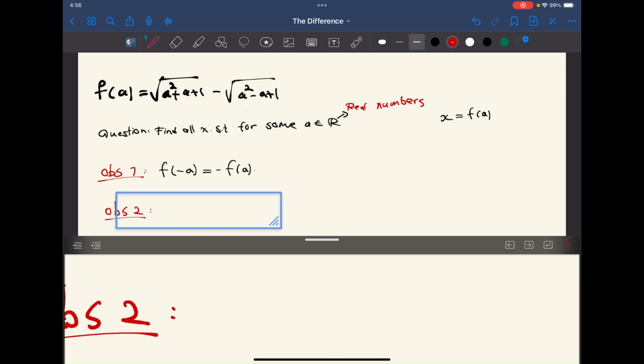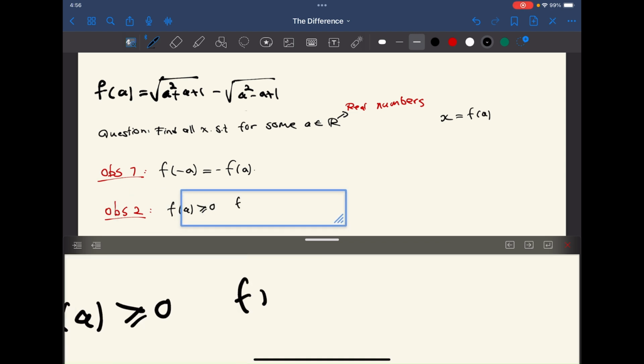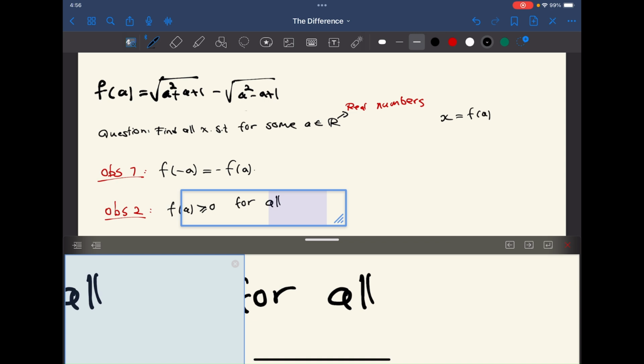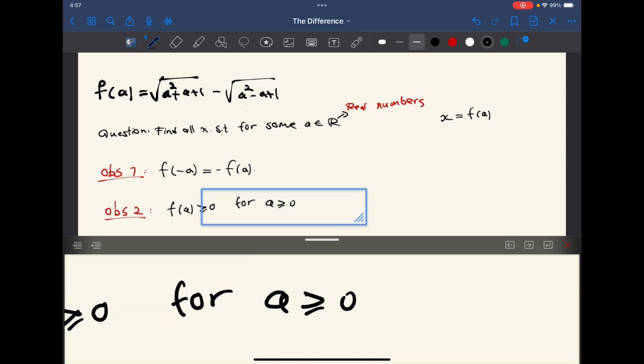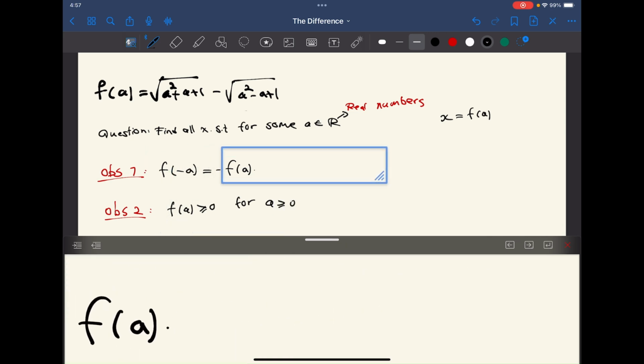Observation 2, I have f of a is positive for a positive, right?